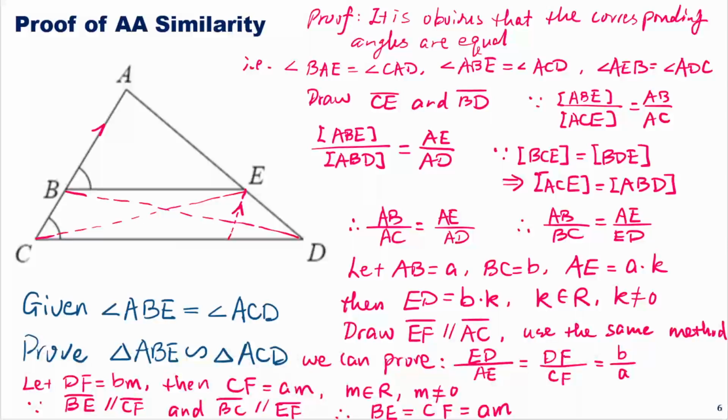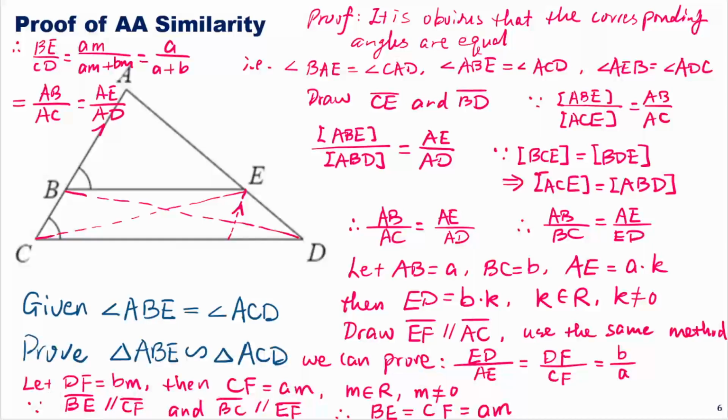Okay, I'll write it on top left here. And therefore we know BE over CD should equal am over am plus bm, which gives us a over a plus b, right? Which also equals AB over AC, which equals AE over AD.